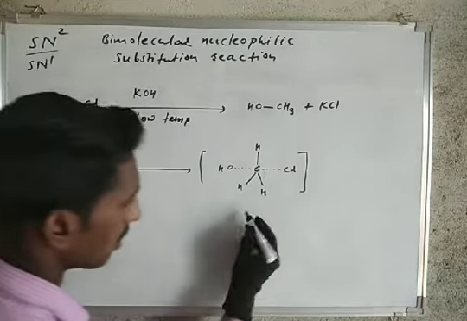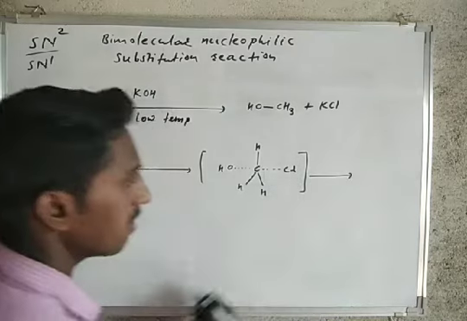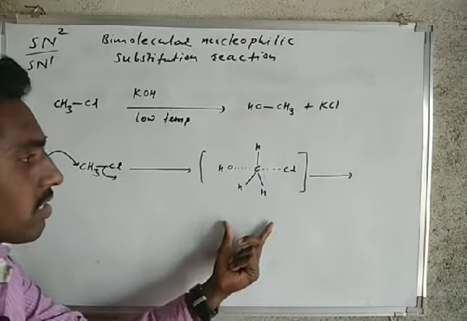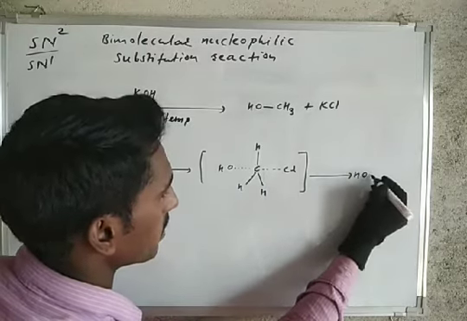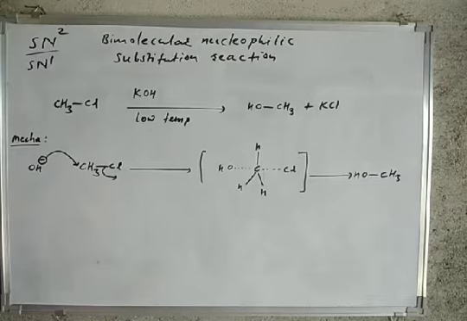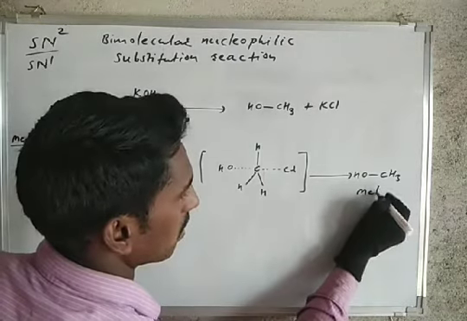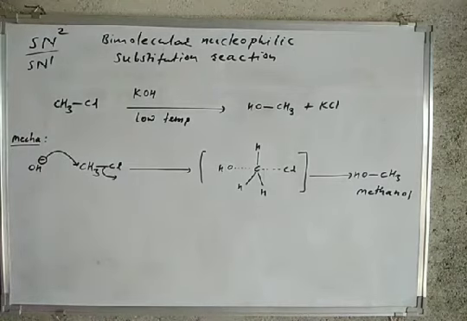This is an unstable transition state, and suddenly this transition state turns into the product, that is CH3OH, methanol. This is the one step mechanism.